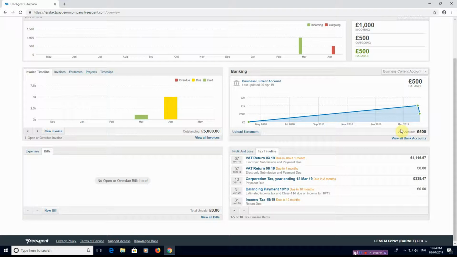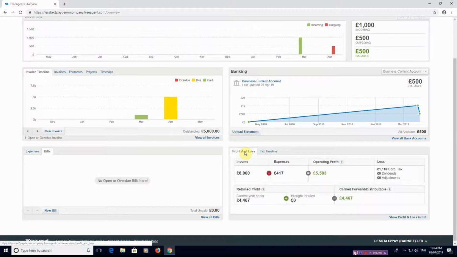So you can see that we've got a VAT return that's due, and it's £1,116 that's due in about a month's time, so currently that's what it's sitting at. We've also got a corporation tax year ending March 19, and currently that's sitting at £338.47. So it gives you a nice idea of where you're standing with reference to your taxes and what's coming up, so you can always plan, because nasty surprises are never good.